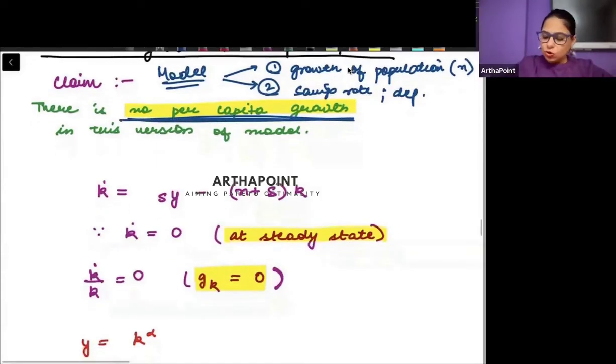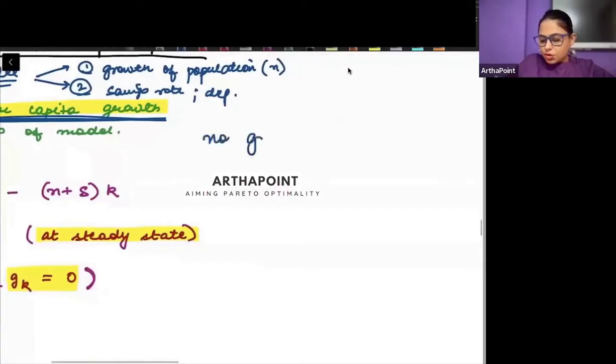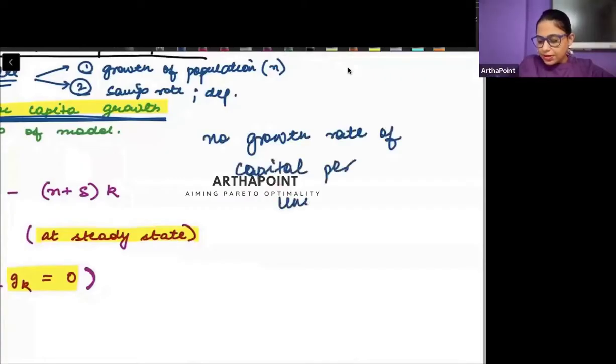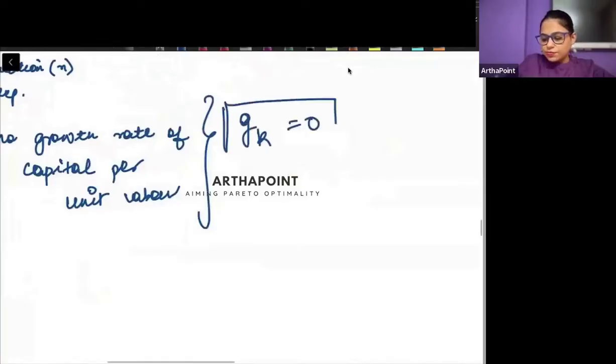No per capita growth rate means what? That there is no growth rate of capital per unit labor, capital per capita. Small k is not growing. Growth of small k is 0. And this is very easy to prove. देखो.